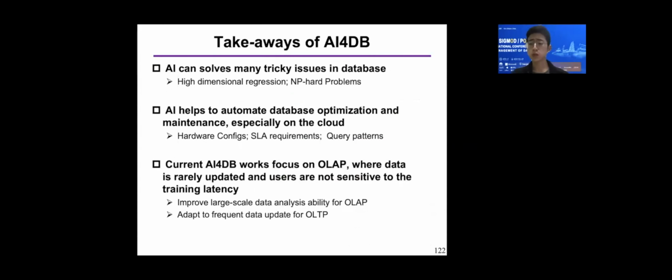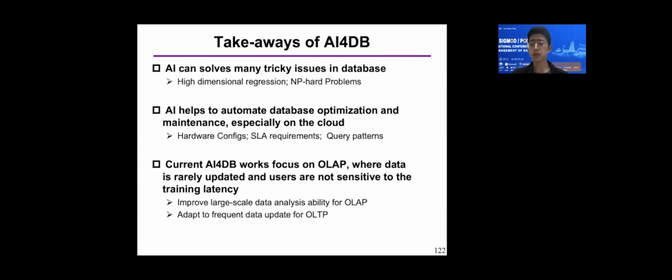So in conclusion, AI can solve many tricky issues in databases, like high-dimensional regression and NP-hard problems. And AI can help to automate database optimization and maintenance, especially on the cloud. And besides, current AI4DB mainly focused on OLAP workloads, where data is rarely updated and users are not sensitive to the training latency.